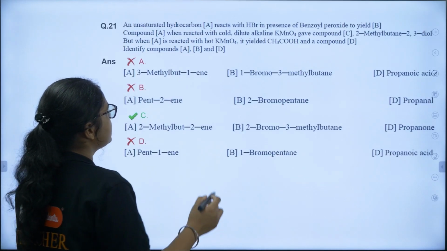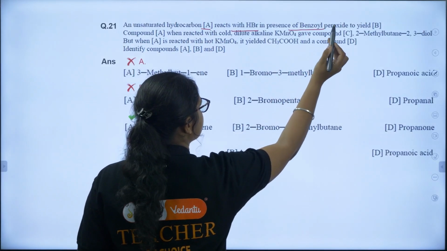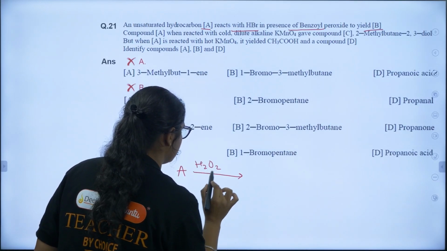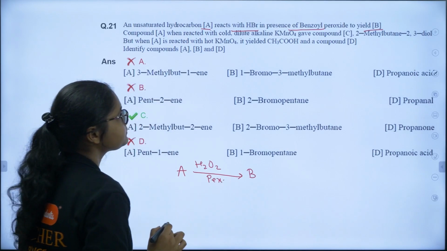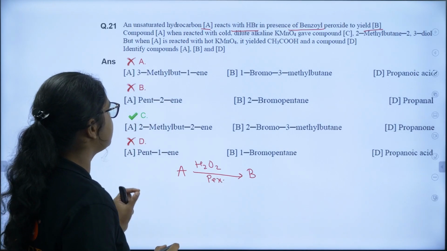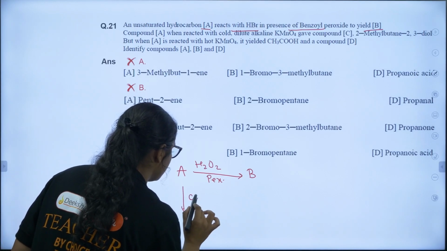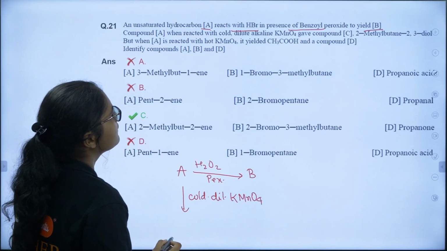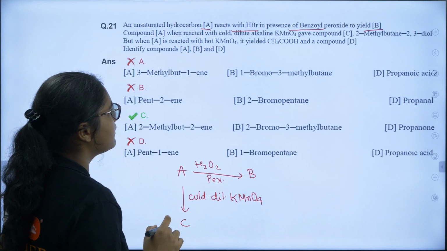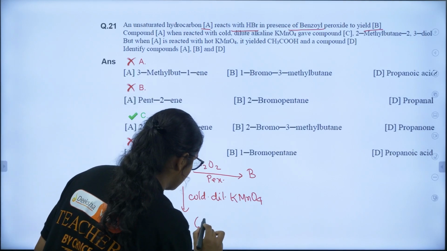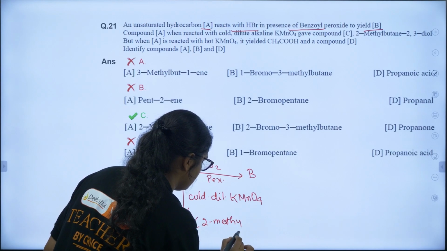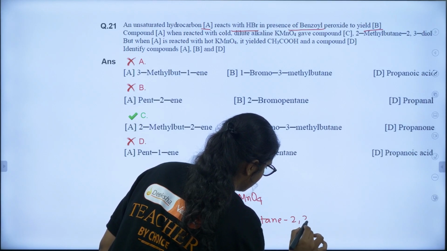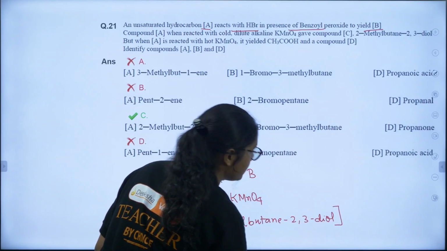Okay, next, an unsaturated hydrocarbon A reacts with HBr in presence of benzoyl peroxide to give B. Compound A, when reacted with cold dilute KMnO4, gave compound C. And compound C is 2-methyl butane-2,3-diol.